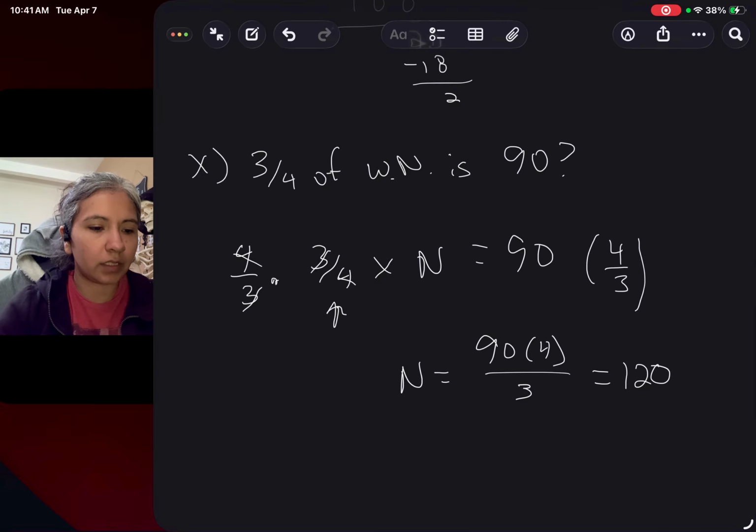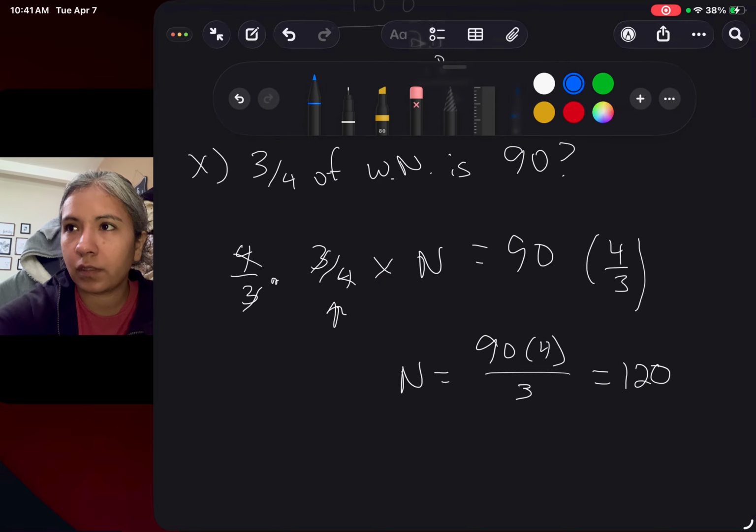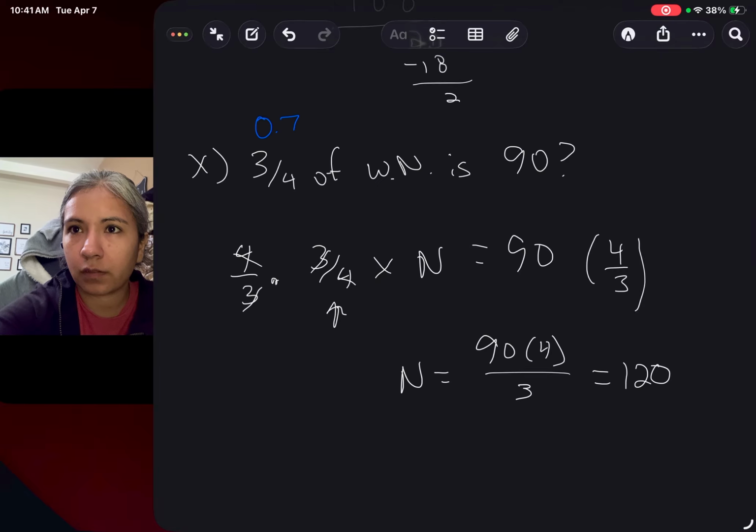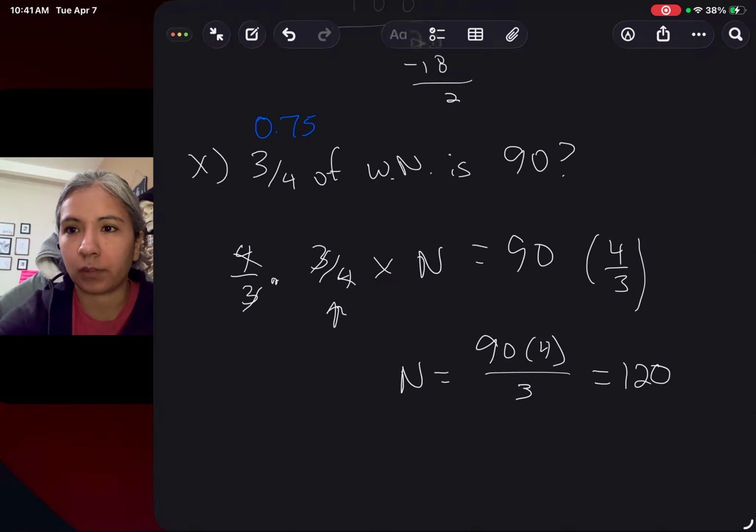The last thing is if we had said 0.75 here instead of the 3/4, and look for the answer, it would be similar.